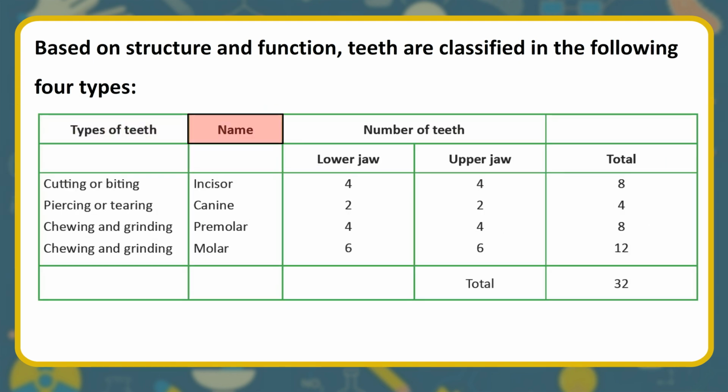Incisor: cutting or biting, 4 in the lower jaw and 4 in the upper jaw, total 8. Canine: piercing or tearing, 2 and 2, total 4. Premolar: chewing and grinding, 4 and 4, total 8. Molar: chewing and grinding, 6 and 6, total 12. Total teeth: 32.